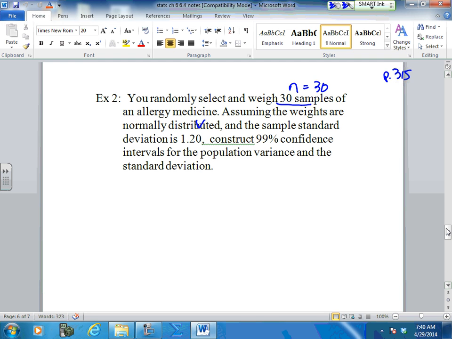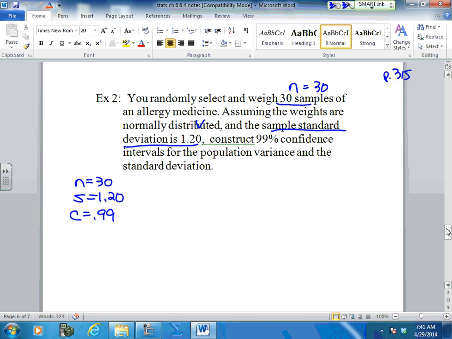They need to tell us that. And the sample standard deviation. Here's a piece of your information. Your N is 30. Your sample standard deviation is 1.20. You want a 99% confidence interval for this, for the variance and the standard deviation.